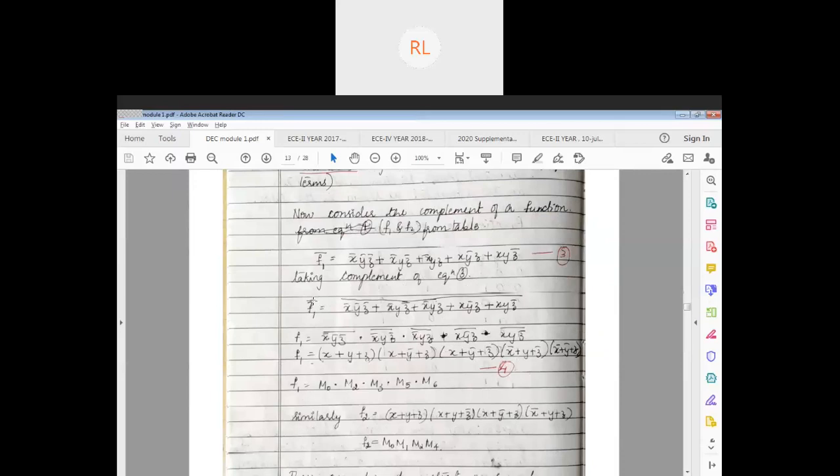If it is addition, it turns out to be multiplication. So it gets reversed. So f1 is equal to this whole bar. Whatever we are seeing here, the whole bar. So what happens here? The addition that you see becomes multiplication. All the addition turns out to be multiplication.